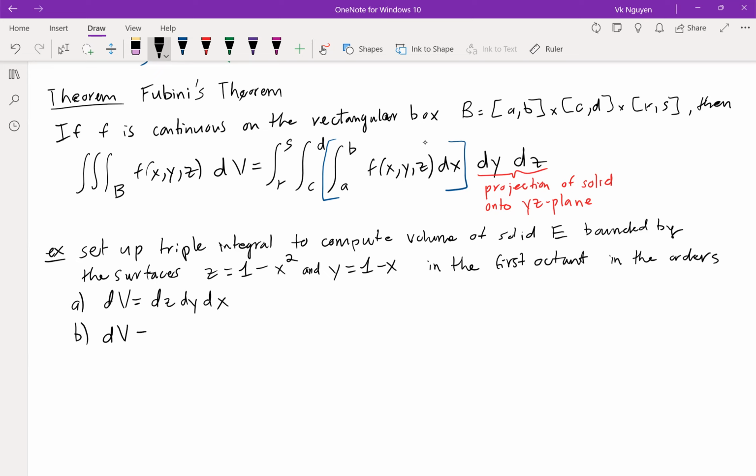B, dV equals dy dx dz. C, dV equals dx dz dy.